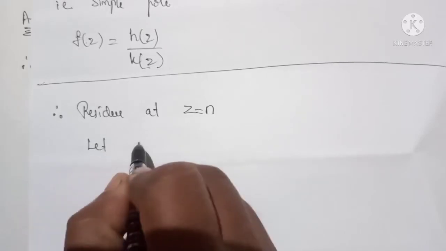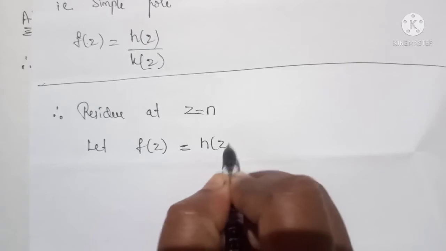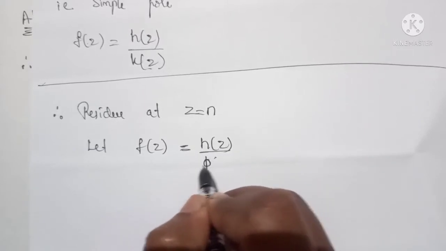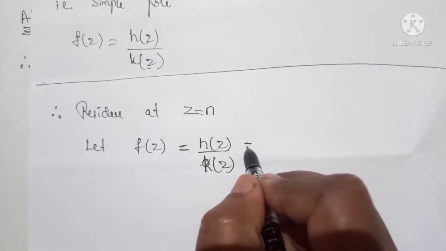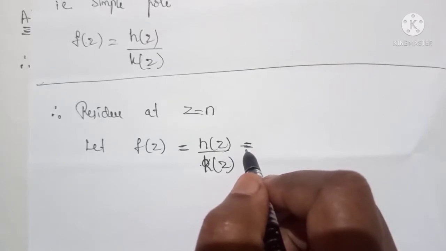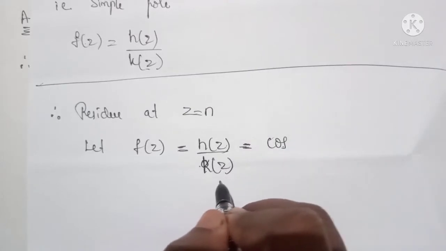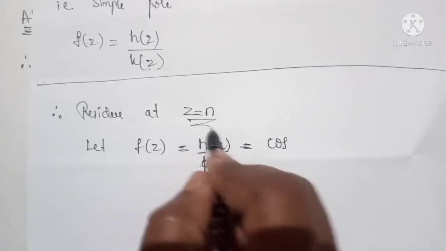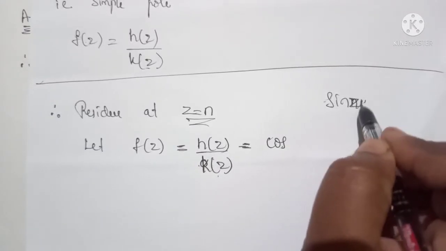Let f of z be represented as h of z divided by k of z, where h of z is the numerator, except sin, because z equals n is a zero of sin pi z.